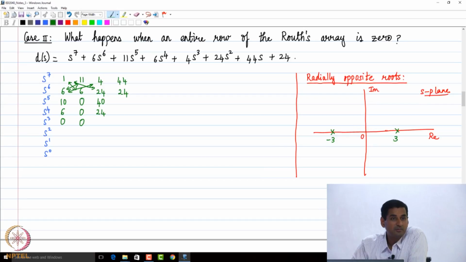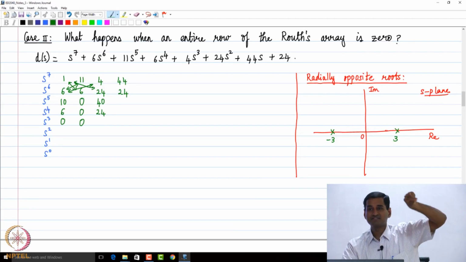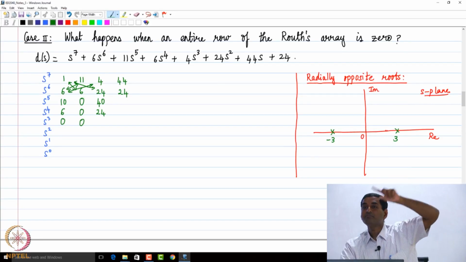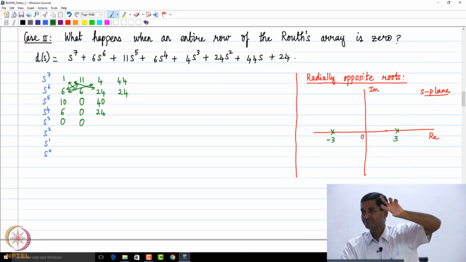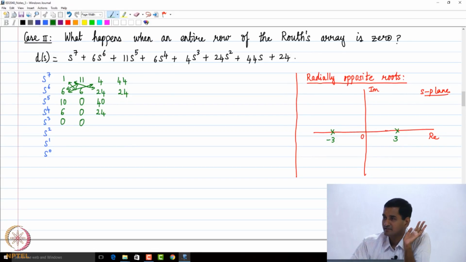That is a pair of radially opposite roots. Essentially you look at the origin and draw a circle, and any pair of roots which lies on the circle is a radially opposite pair. -3 and +3 form a radially opposite pair.